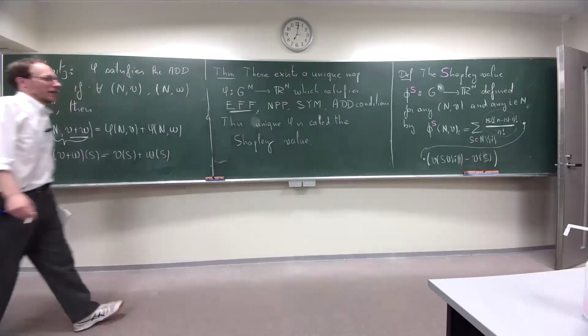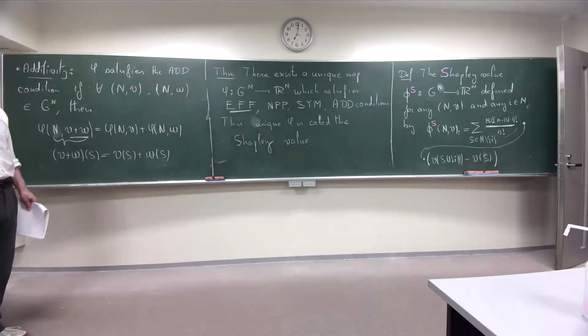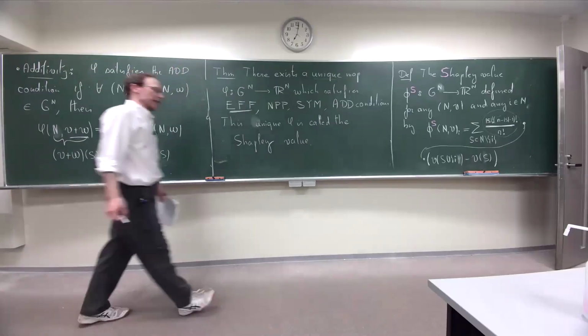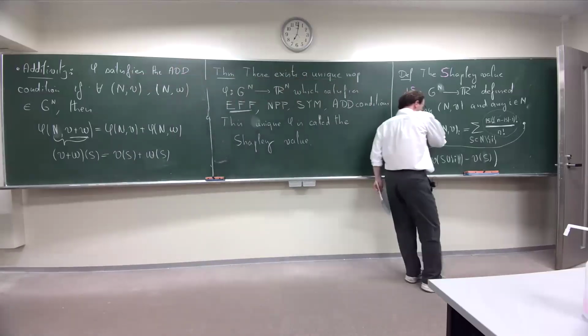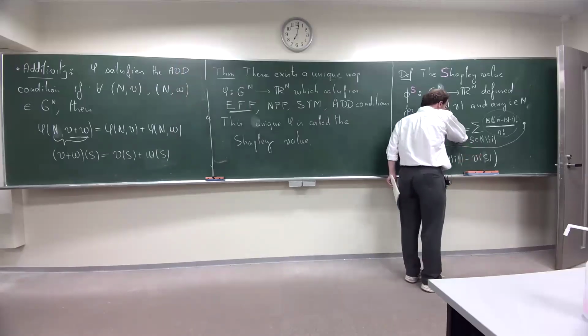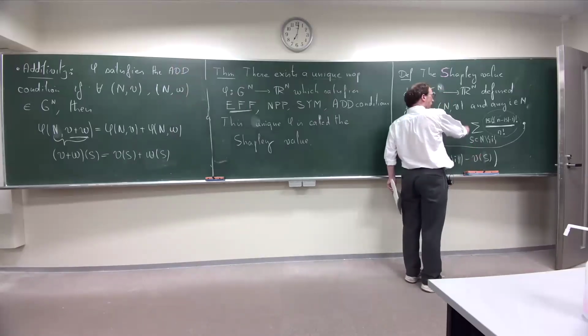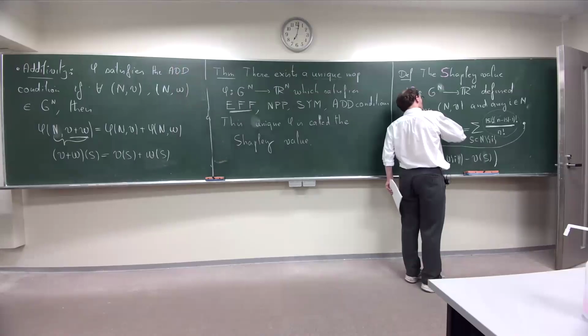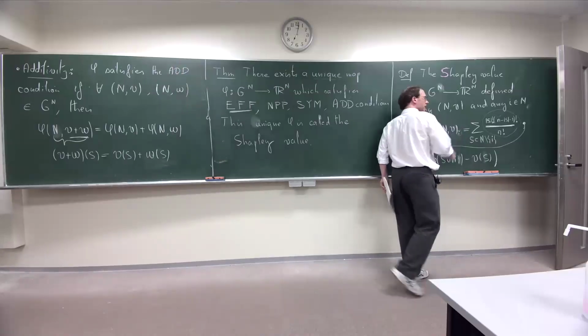So you only consider one game? No. For each game, you get a vector. And the entry I of this vector is what player I will get for this specific game.